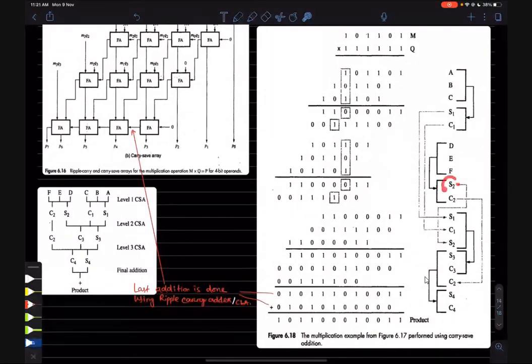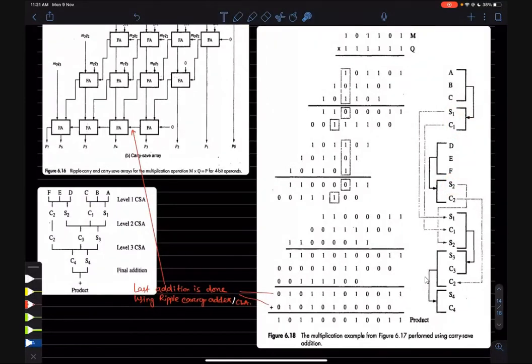Okay, so S2 and C2 are generated. Now what we have to do, because we can add 3 numbers at a time, now we will add S1, C1 and S2. These 3 results we have to add.